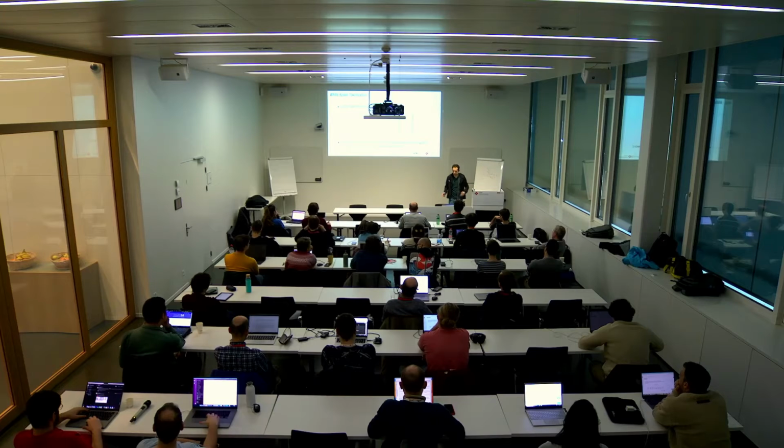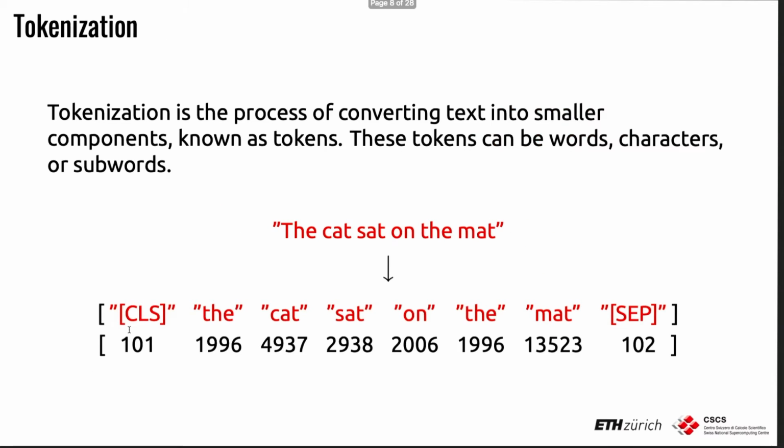Instead, what they have is a vocabulary of many words, like thousands of words, and they check each of the words against the vocabulary. If it is in the vocabulary, the tokenizer says, okay, this one is token 1, token 3, token 4.